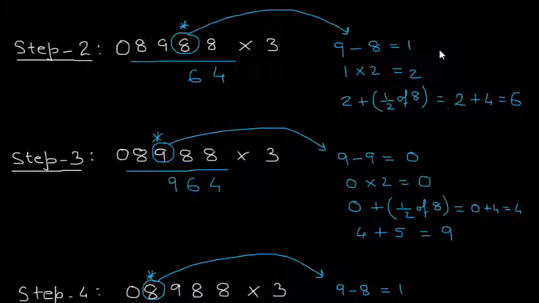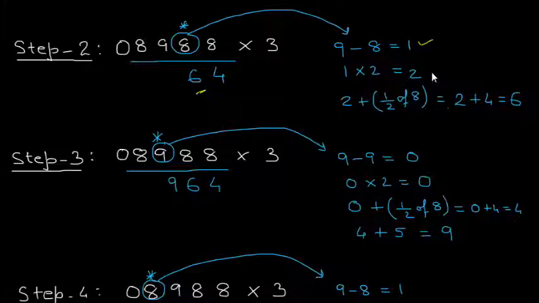So 8 is the next number. 9 minus 8 is 1. Double of 1 is 2. 2 plus half of its right hand side number, which is 8. Half of 8 is 4. 2 plus 4, that is 6. We put 6 here. So first step is subtract from 9.